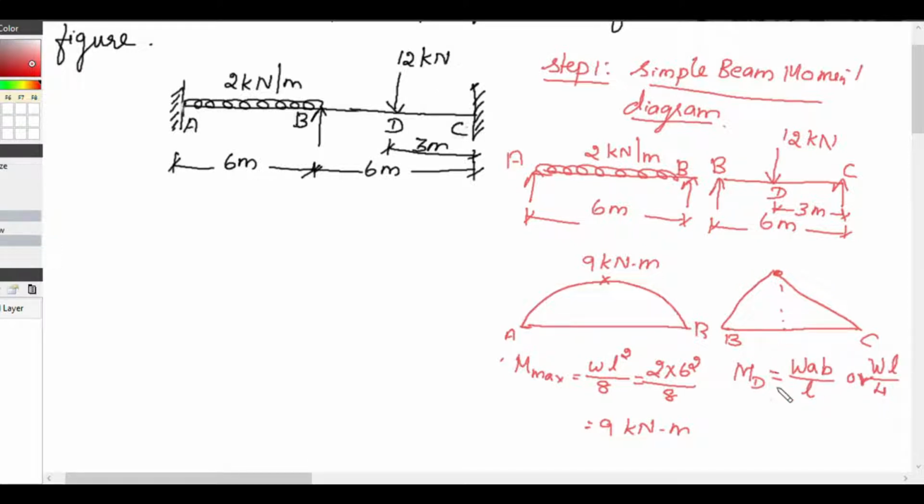So here in this formula, BD is a and DC is b. So a is 3 meter, b is also 3 meter. Or you can use WL by 4. So L is 6 meter, 6 by 4.